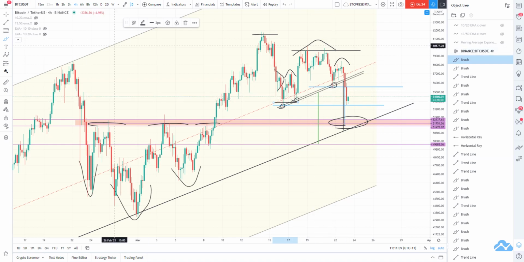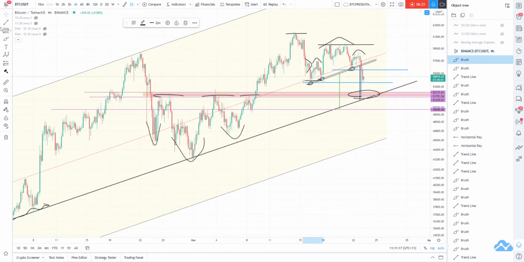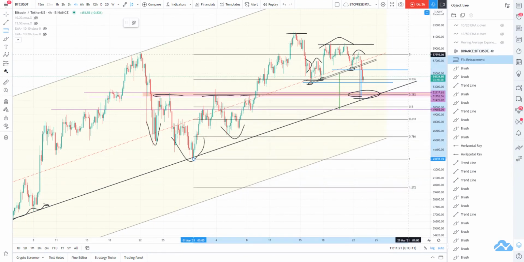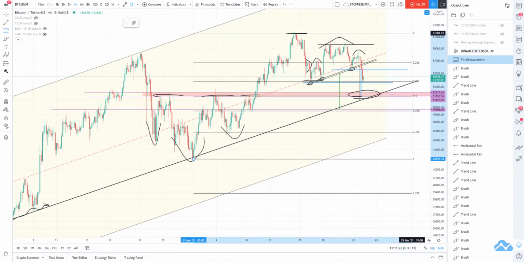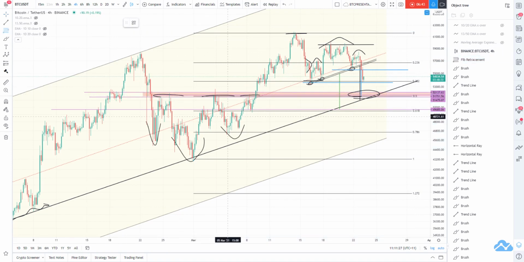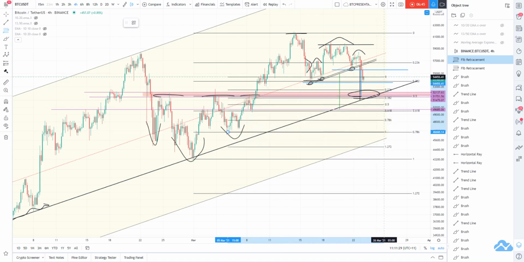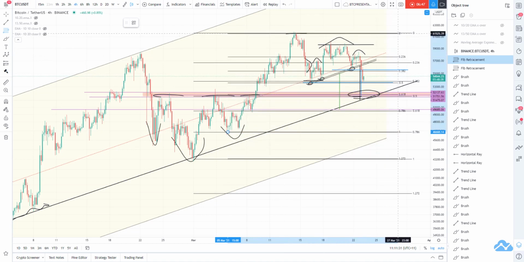Now, what else can we see from this perspective that supports this theory? Let's look at the Fibonacci. Let's get that bottom section to the top, and we have the 0.5. If we do this section here to the top, we have 0.618.